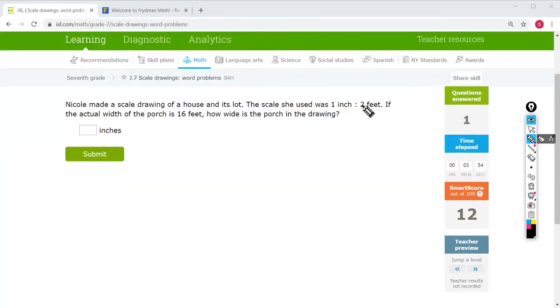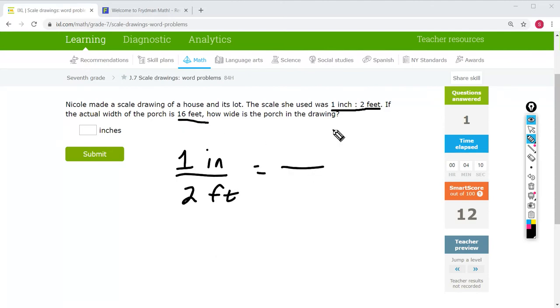We're going to use the numbers that IXL gave us over here to start our proportion. So we have, let's write 1 inch over 2 feet equals, now the other number we were given was 16 feet. Since I have feet here, I want to put feet over here. And since I have inches over here, I want to put inches over here. And this 16 was 16 feet, so that should go over here next to the feet symbol.